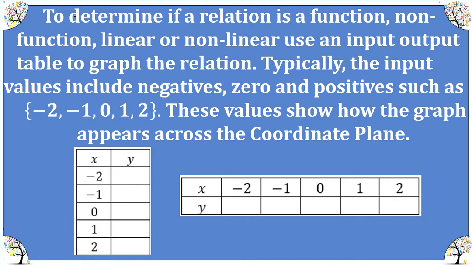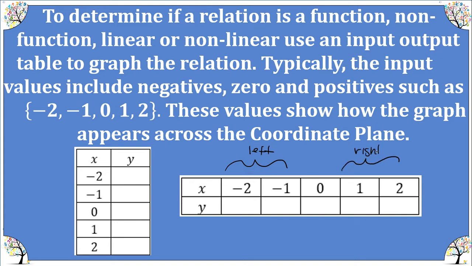So to determine if a relation is a function, non-function, linear, or nonlinear, we can use an input-output table to graph the relation. Typically, guys, we are going to use the input values -2, -1, 0, 1, and 2, whether we have a horizontal table or a vertical table. This way, we can see what the graph looks like on the left side of the coordinate plane, in the middle, and then on the right side.